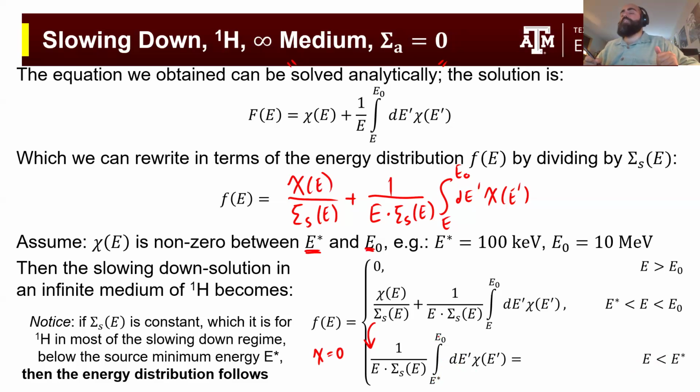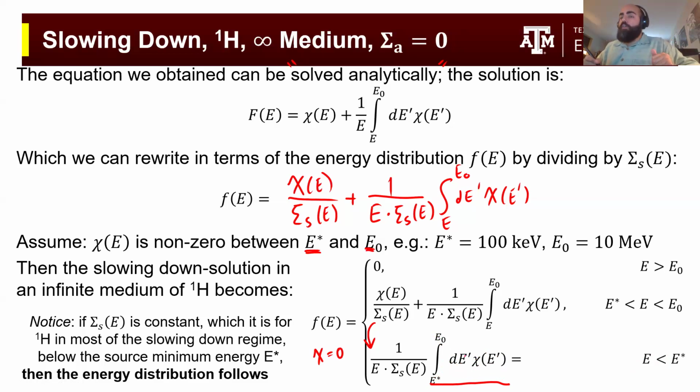The maximum bound is still E0, and here we're effectively integrating a probability density function over its entire domain. If we integrate a probability density function over its entire domain, we know that it equals 1.